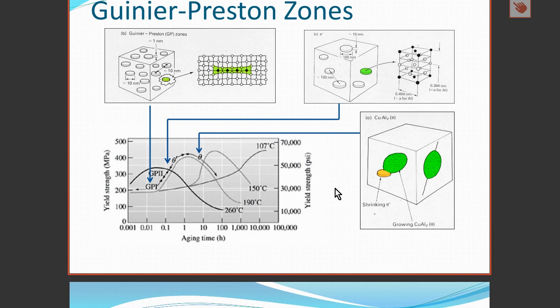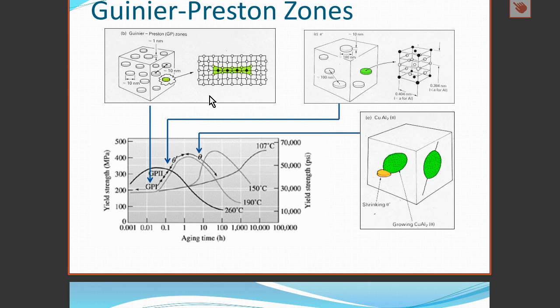We talked about Guinier-Preston zones before. Coming back to this graph, I have combined it with some illustrations of Guinier-Preston zones and precipitate. Here we see what a GP1 zone looks like. It is almost an atom layer thick of precipitate, and the thickness of it is about a unit cell.